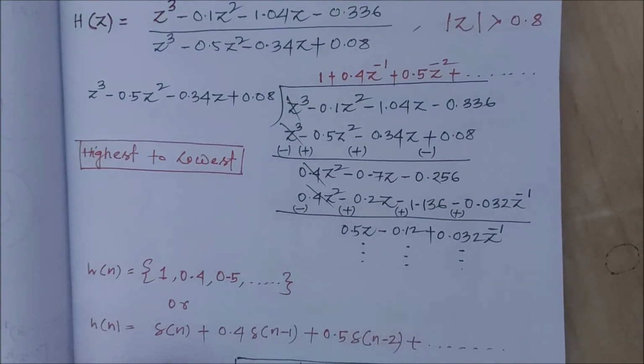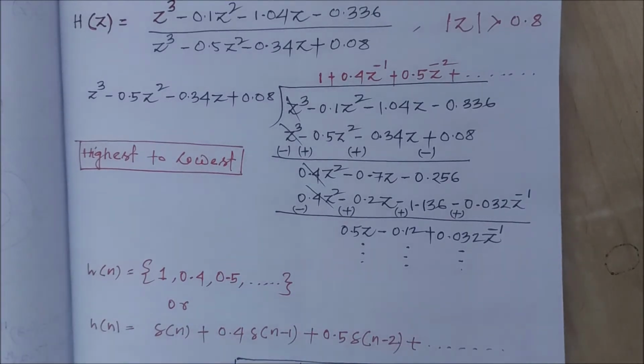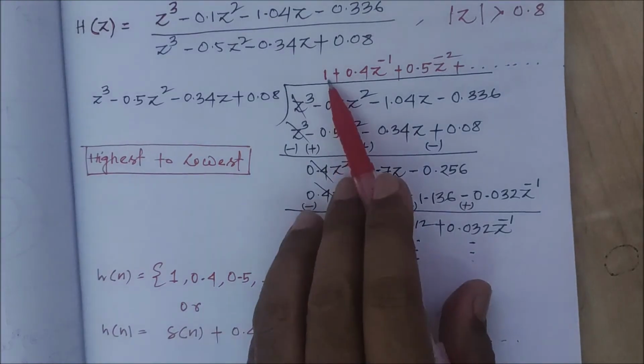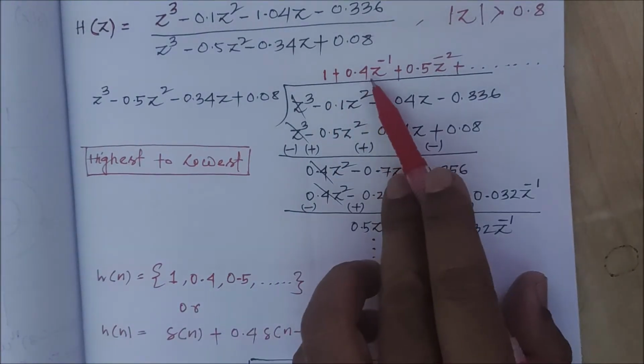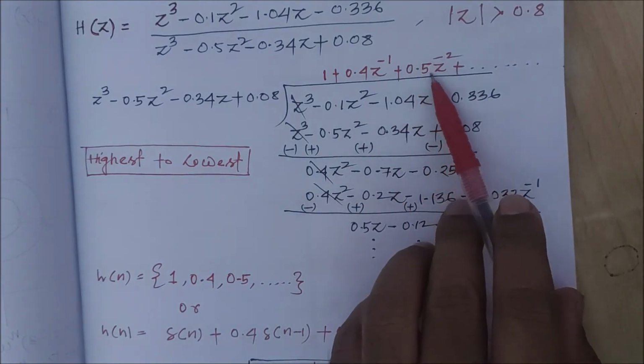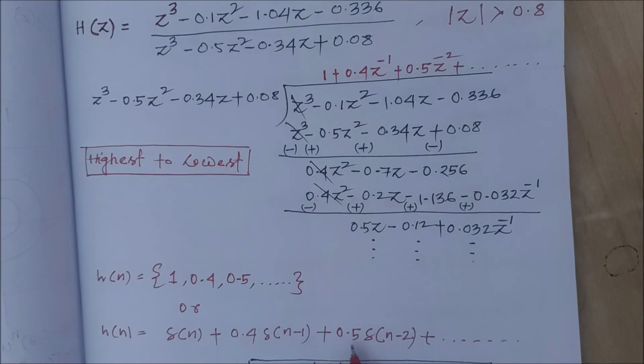Now this particular sequence can also be written in the form of impulses, as h of n is equal to, for 1 it is del of n, for 0.4 z inverse it is 0.4 del of n minus 1, for 0.5 z to the power minus 2 it is 0.5 del of n minus 2 and so on.